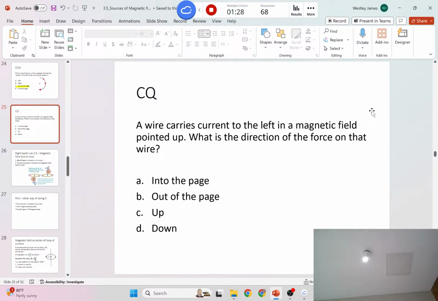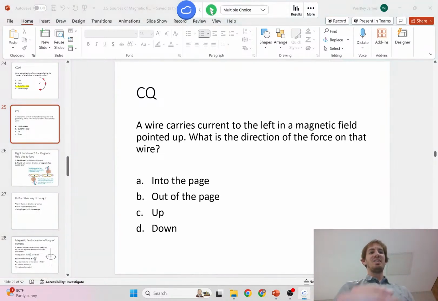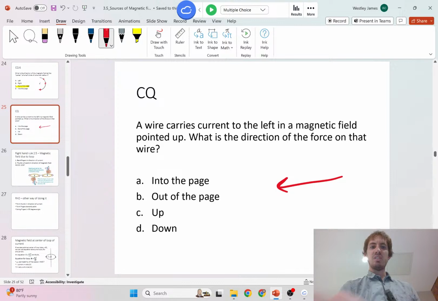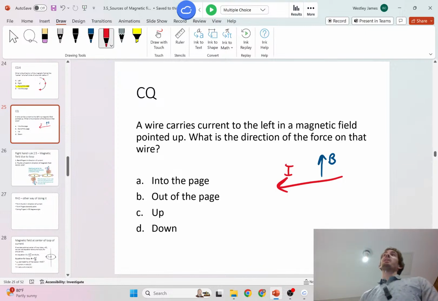4, 3, 2, 1. All right, so like I mentioned, we're going to draw a picture. The current goes to the left in a magnetic field that's pointed up. So which right-hand rule do you use? Actually, during my office hours I thought of a way that may help you remember.